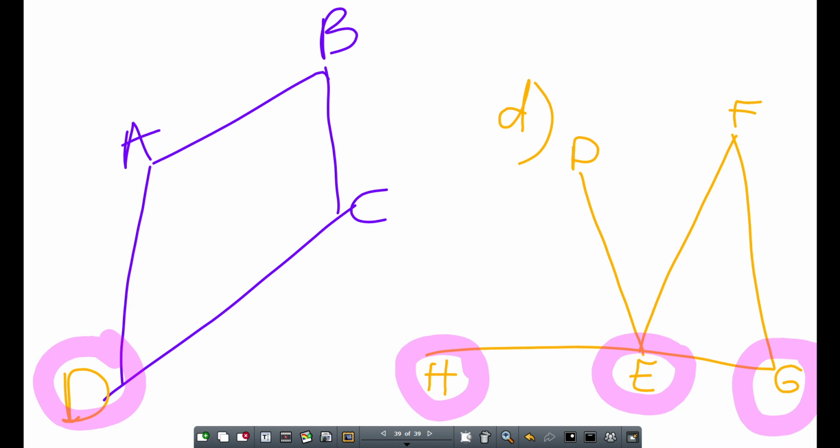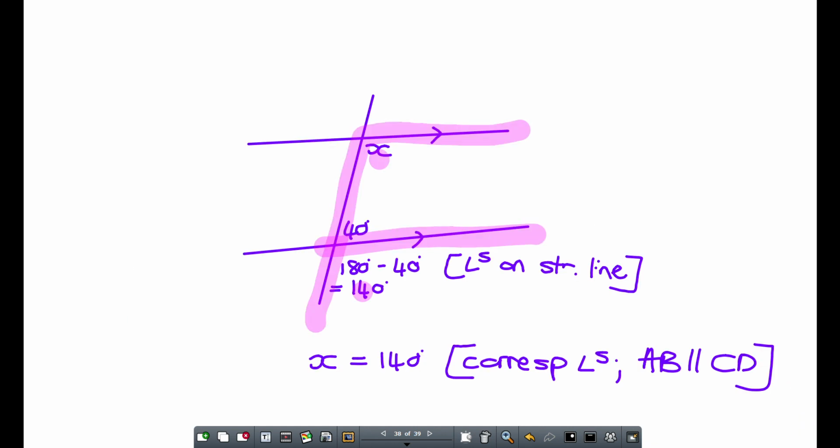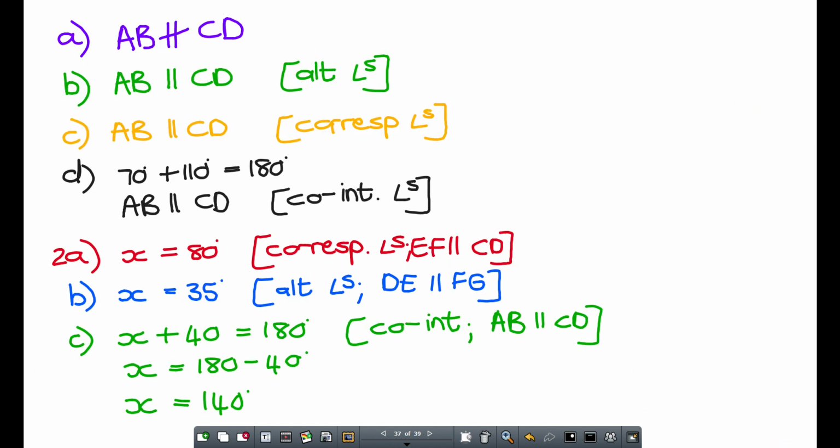So you can talk about AC is parallel to ED. What did I have? That was now worksheet 2. Did I now name it wrong? Oh, yes, I did.